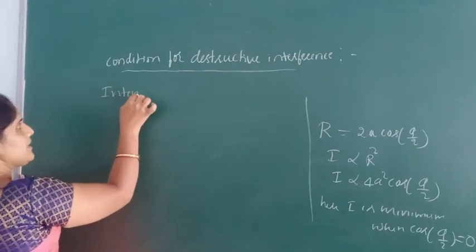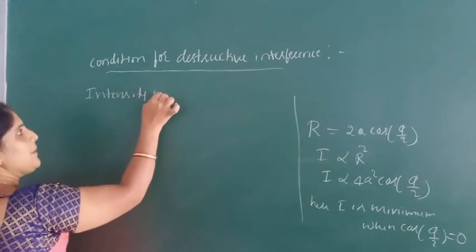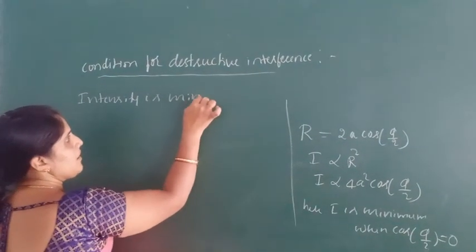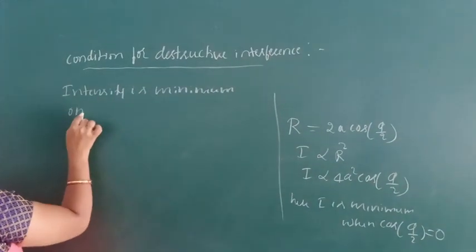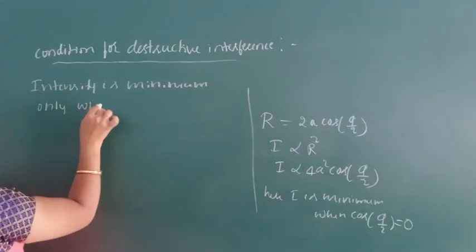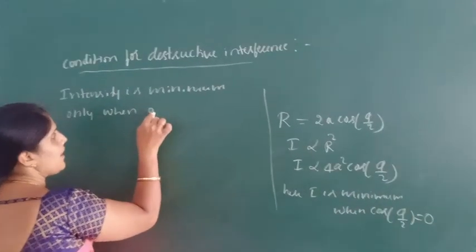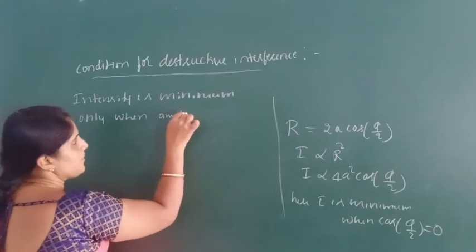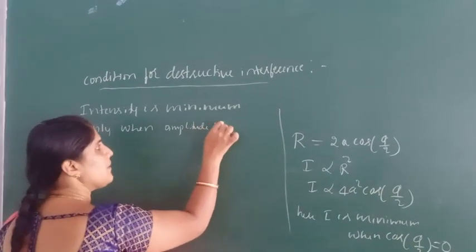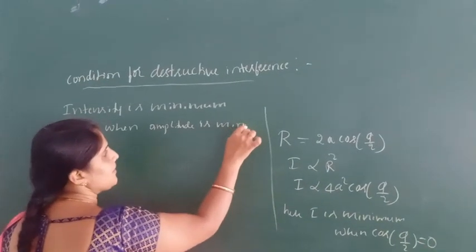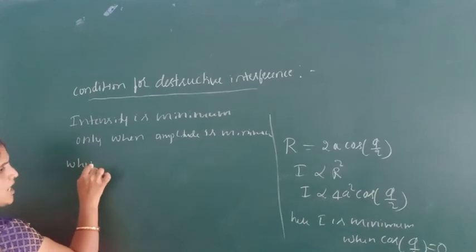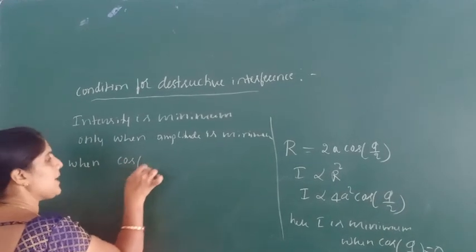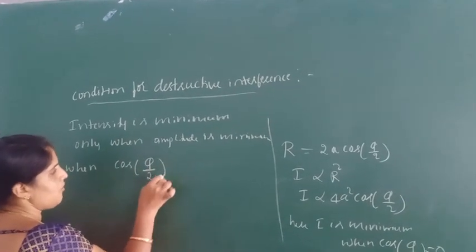Intensity is minimum only when amplitude is minimum. That is, this amplitude is minimum when cos of phi by 2 is equal to 0.